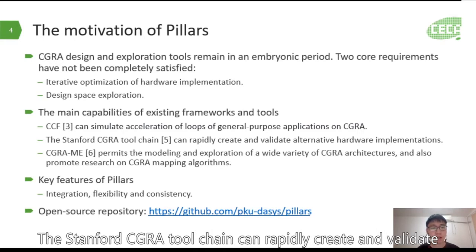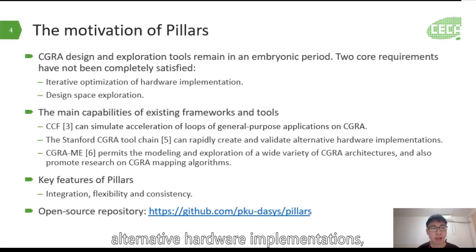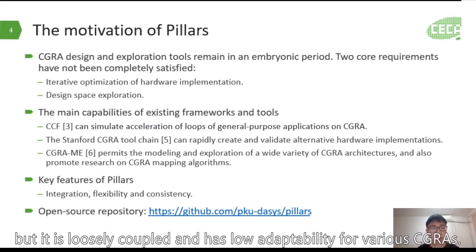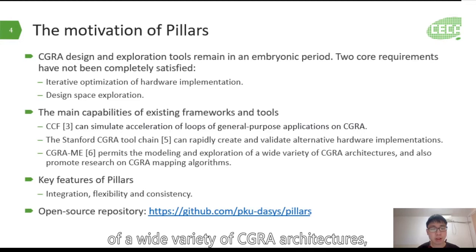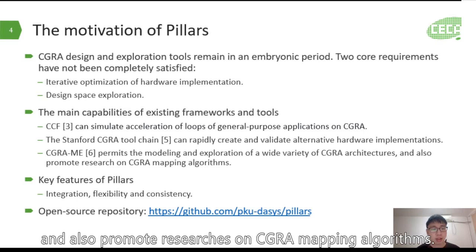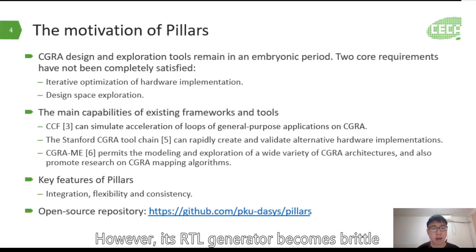A Stanford CGRA toolchain can rapidly create and validate alternative hardware implementations, but it is loosely coupled and has low adaptability for various CGRAs. CGRA-ME permits the modeling and exploration of a wide variety of CGRA architectures, and also promotes research on CGRA mapping algorithms. However, its RTL generator becomes brittle when iterating the logical implementations.